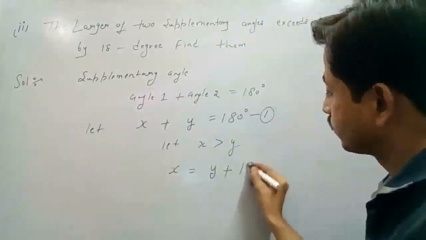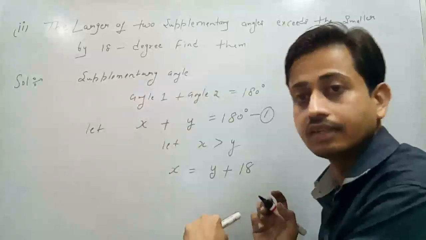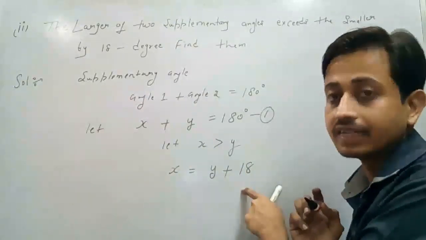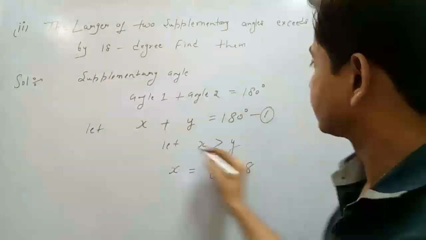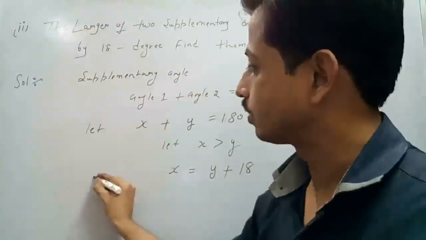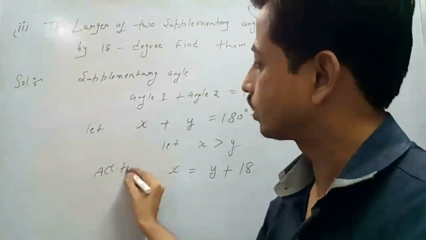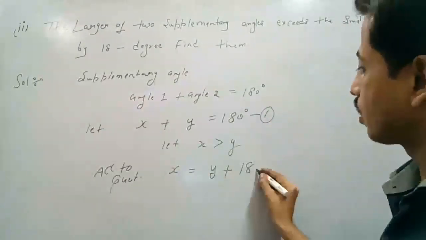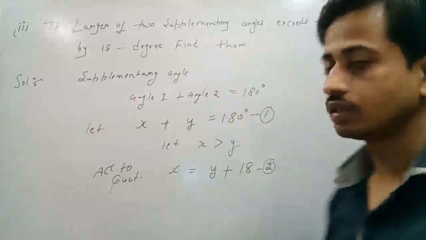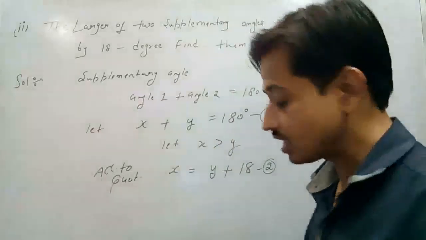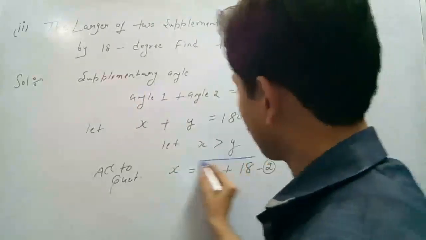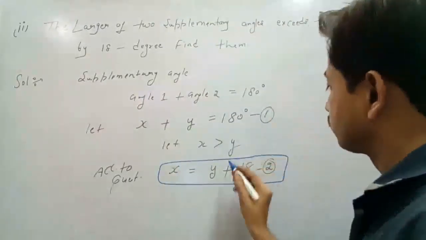It means one angle is greater than the second angle by 18 degrees. This is the second condition according to the question. This is equation 1 and this is equation 2. Now you have to do the same steps. First, step 1, we have already done.